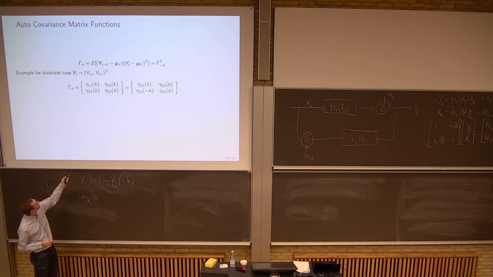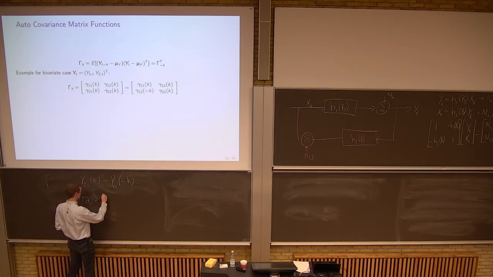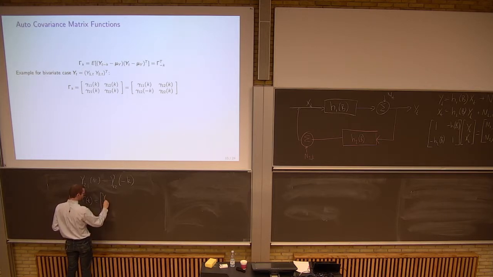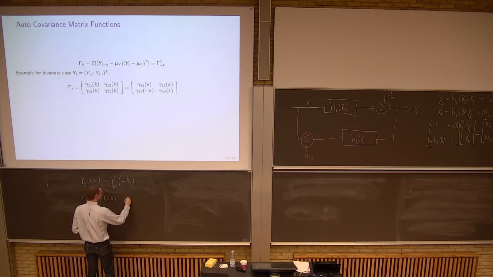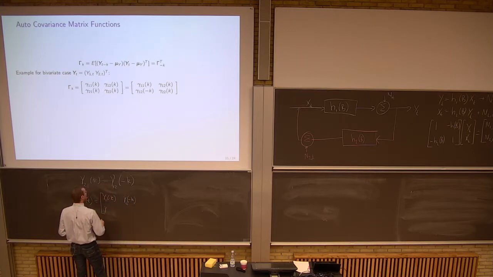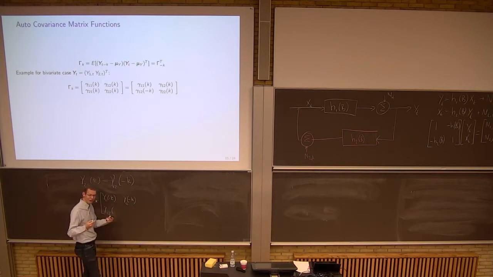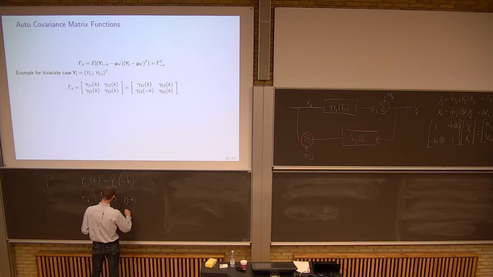With the same example as up here, I'll just write it out: gamma 1,1 of minus k, gamma 1,2 of minus k, and gamma 2,1 of minus k, which is gamma 1,2 of minus minus k, so that becomes just k. And then I have gamma 2,2 of minus k.